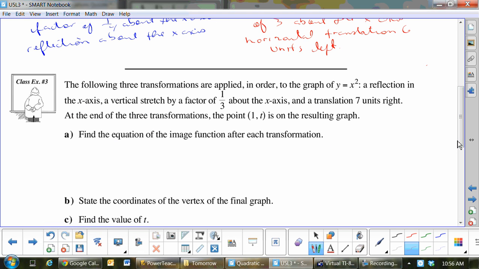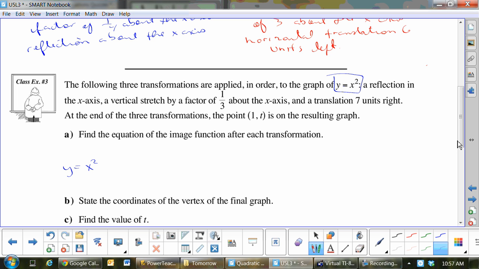Now we're going to actually make an equation. We've got y equals x squared. And then we're going to do something. So let's write that down. Y equals x squared. Now they're telling us in a specific order, do this, then this, then this. So now let's start putting up our hands for this because you should know what to do. So I need to make changes in my equation from the words.